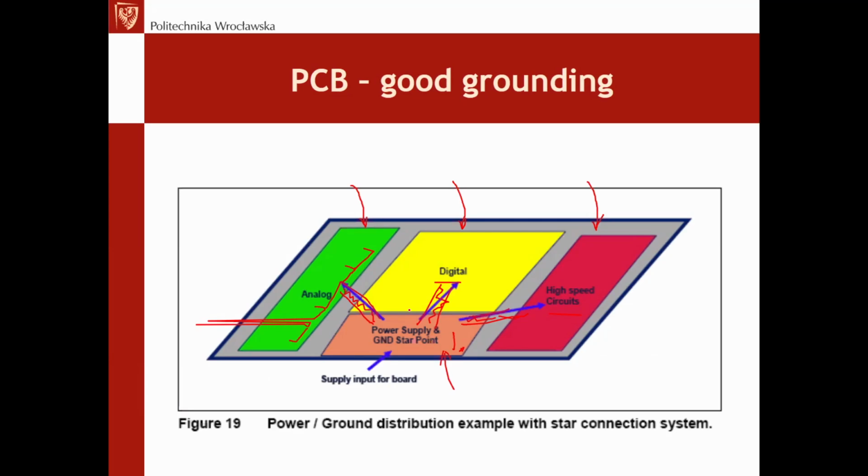So that's one advantage of sorting the components physically on a PCB into a few groups, into those 4 groups. Another advantage is the radiated noise, especially from high frequency circuits.